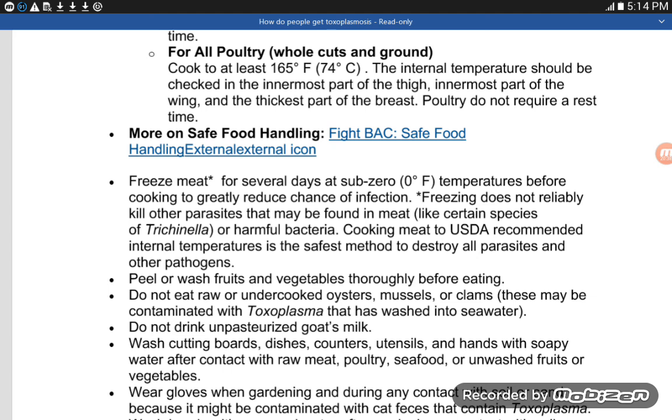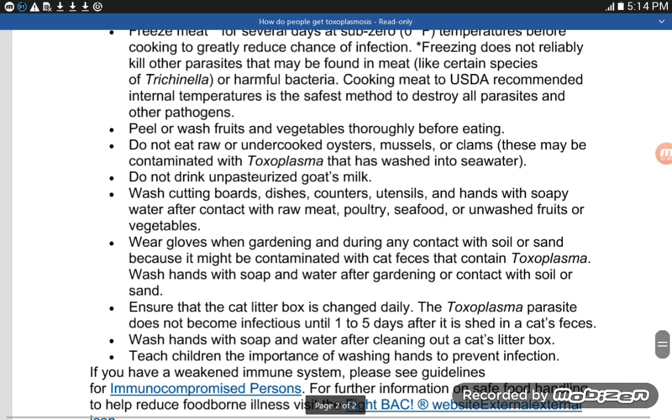Wear gloves when you are gardening and during any contact with the soil or the sand, because it might be contaminated with cat feces that contain Toxoplasma. So when you are doing gardening, or in contact with the soil or sands, you have to wear gloves.